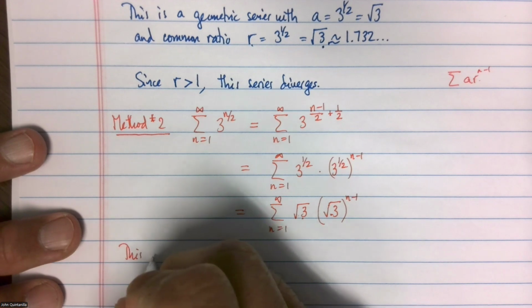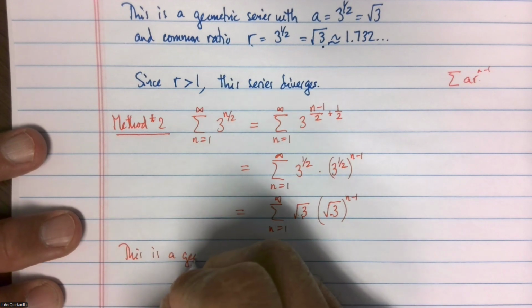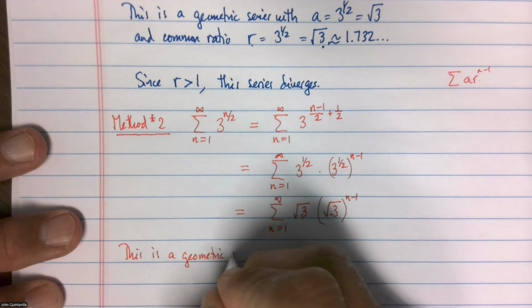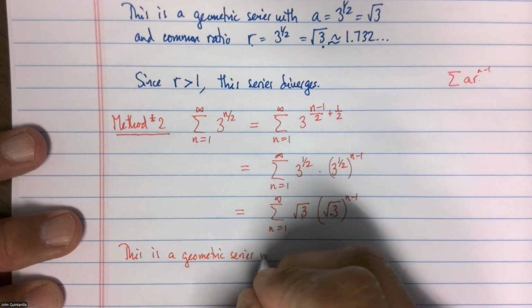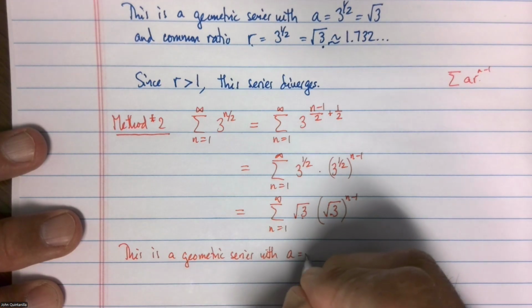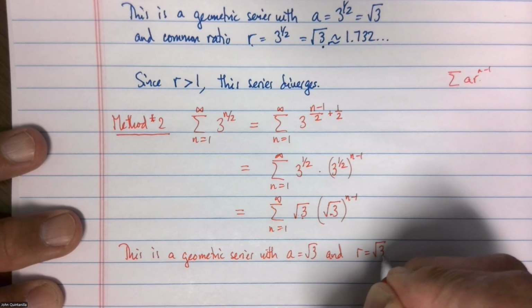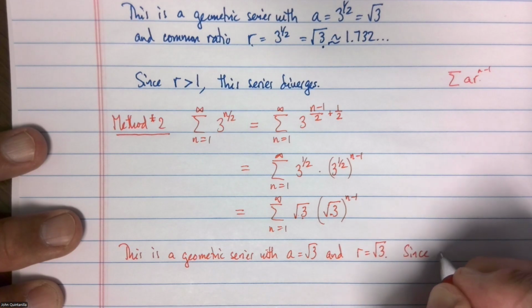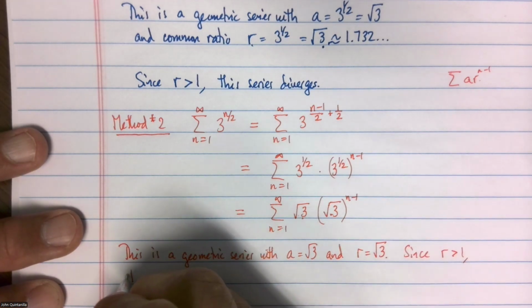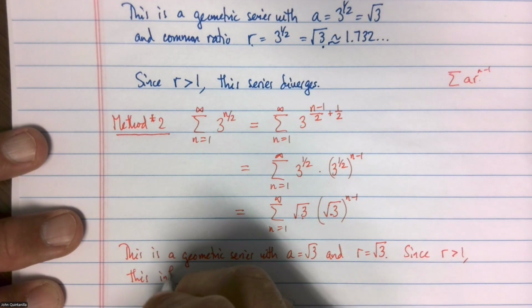This is a geometric series with first term equal to square root of 3, and r equal to square root of 3. And so since r is greater than 1, this infinite geometric series diverges.